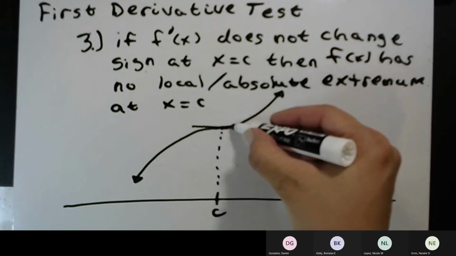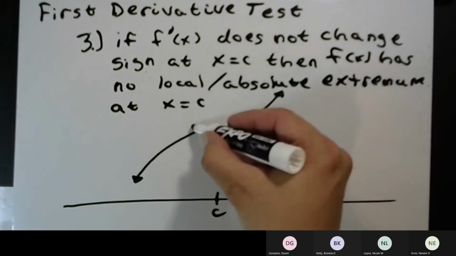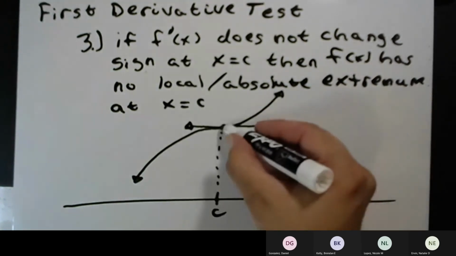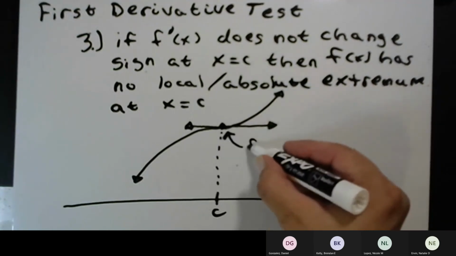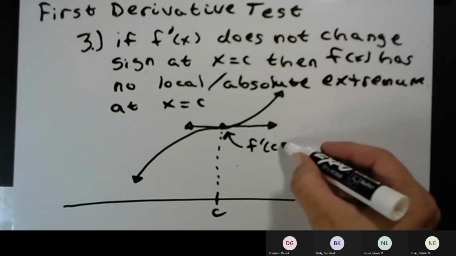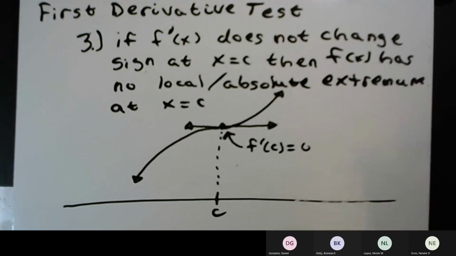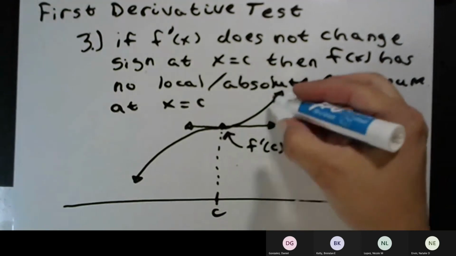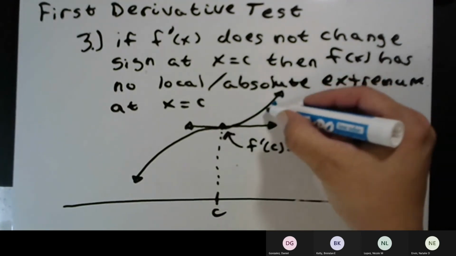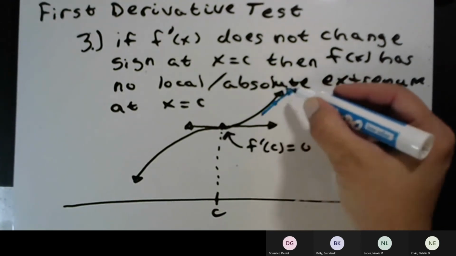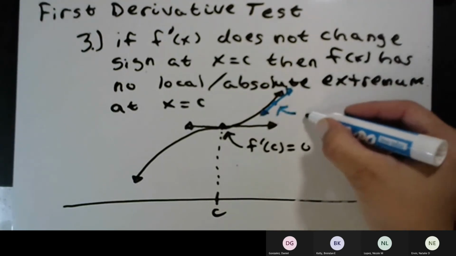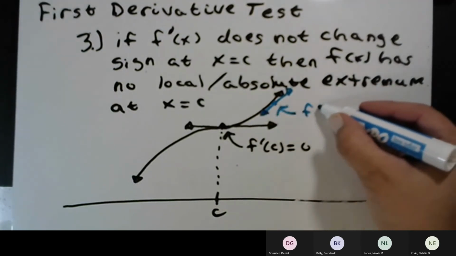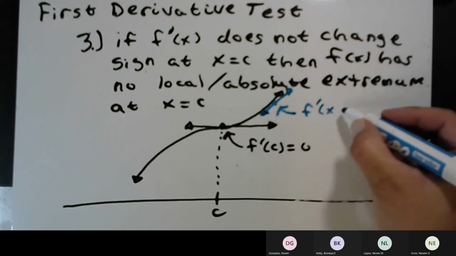So we could have a horizontal tangent line like this, where f prime of C equals 0. We could have something like this. And then we have a horizontal tangent line. Or not horizontal, I'm sorry, just a tangent line, or f prime of x.